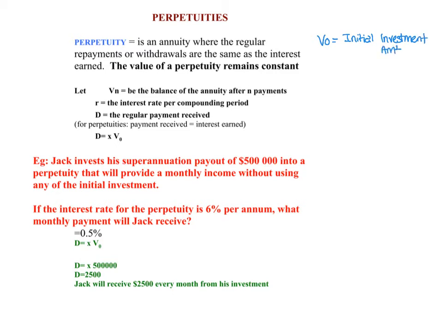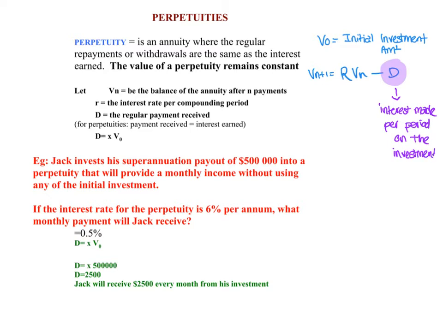Okay, and then if you had a V(n+1) rule, it will still be R times your term before, and then it'll be minus D. Now, the difference is this D here will be the interest made per period on the investment, yeah?